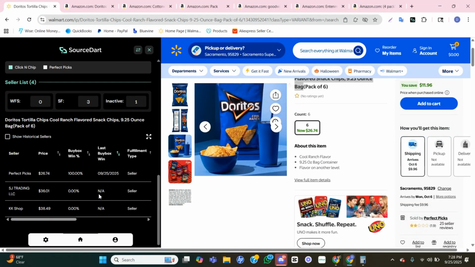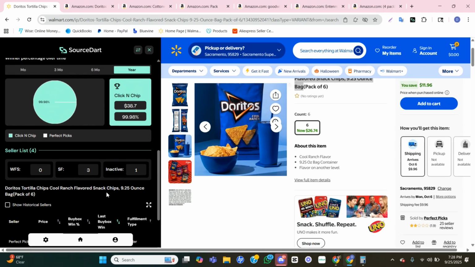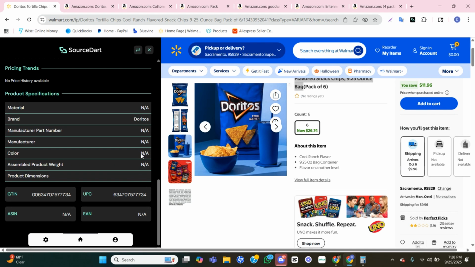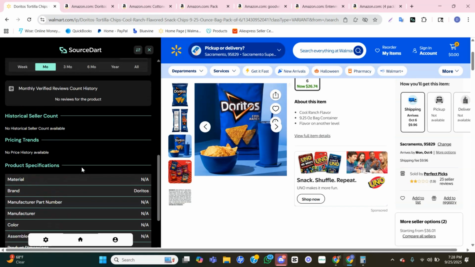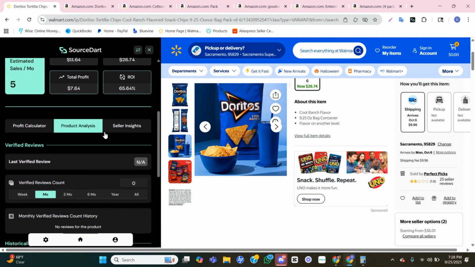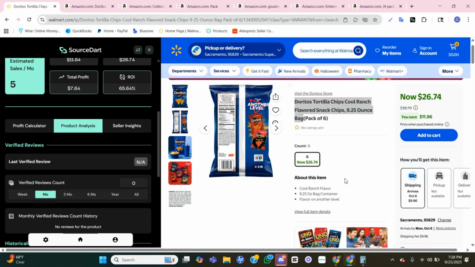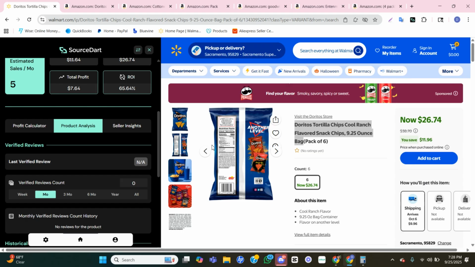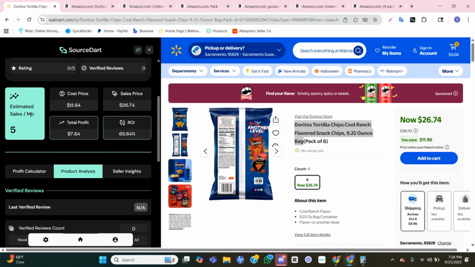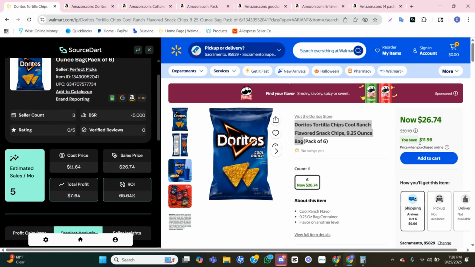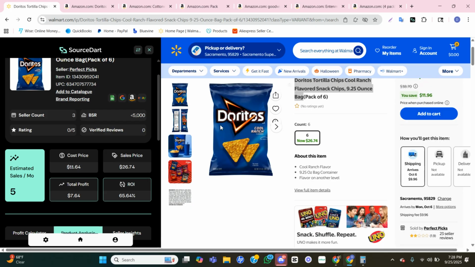Only two sellers are competing with this listing. If you find good products like this, you can compete with this price without the shipping costs.